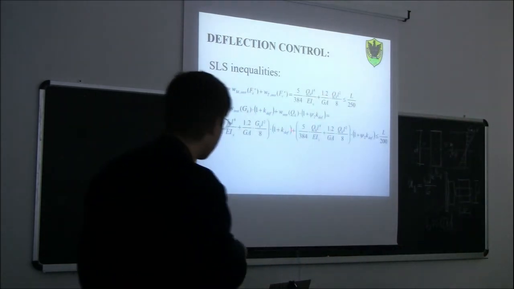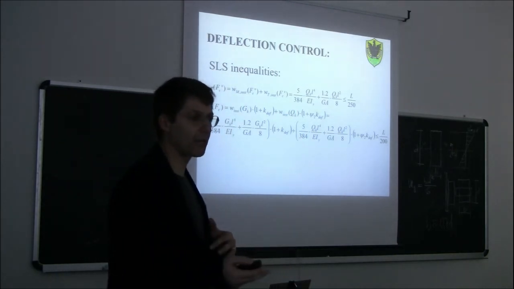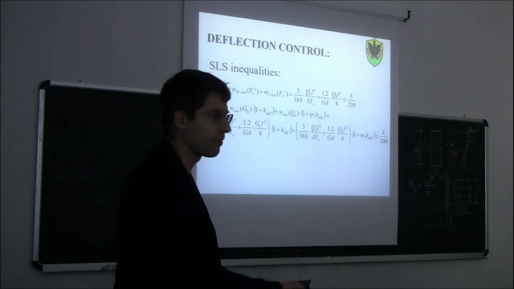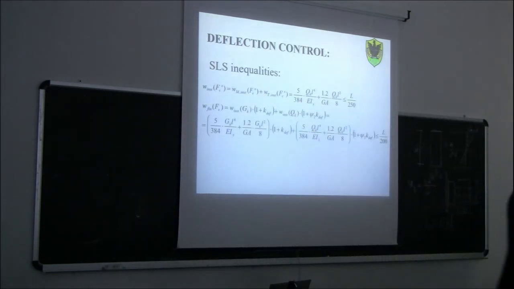If you have a variable action, you need to consider that only one part of the variable action is quasi-permanent. So for example, for a room like this, only 30% of the variable load is considered as quasi-permanent. The other 70% is considered as a frequent load combination, not as a quasi-permanent. So for this reason, this is cited here. Okay?